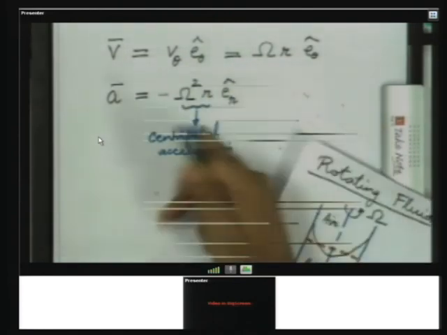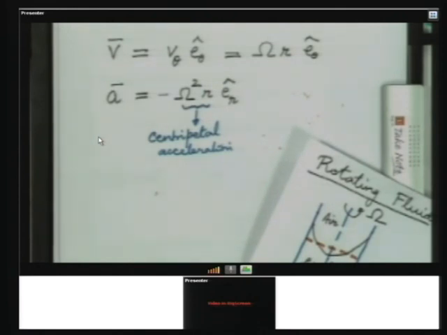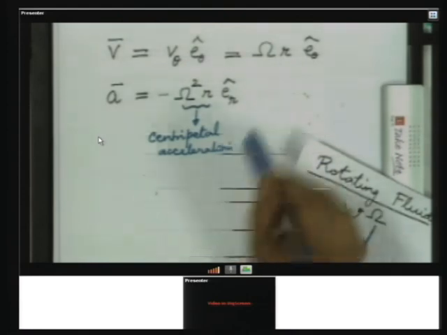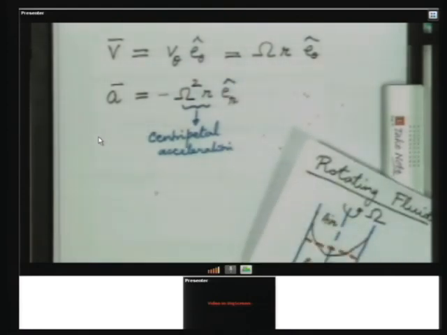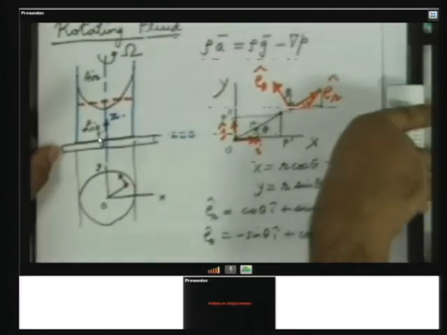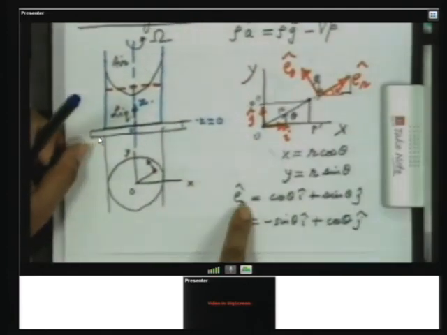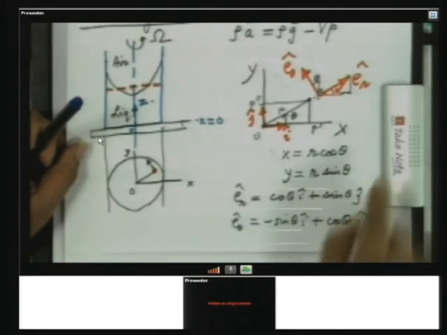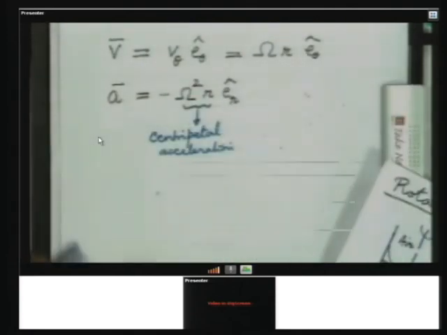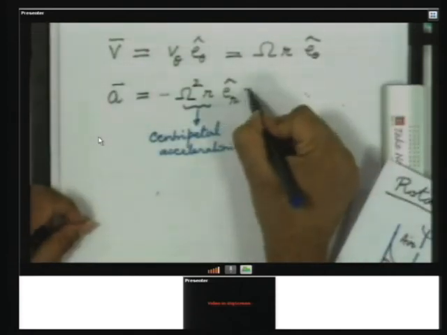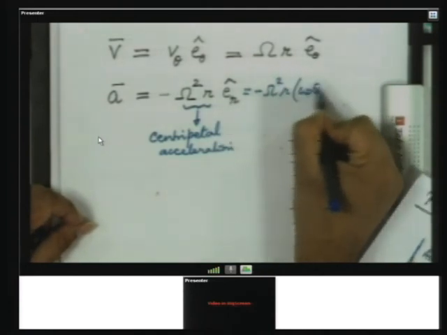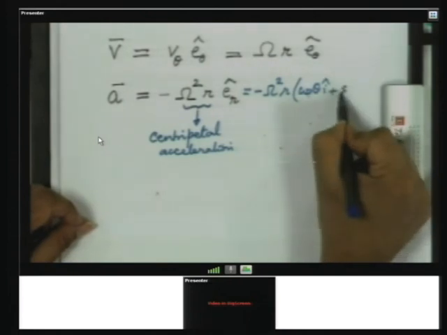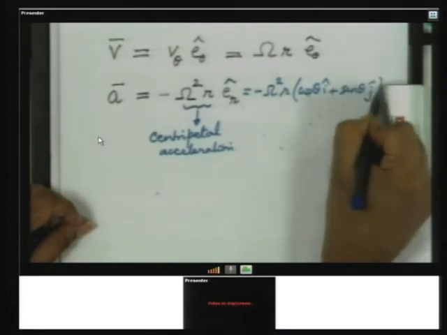Now, you can either start with the expression for grad p in cylindrical coordinates and use this expression, or convert this to Cartesian coordinates. Now, if you go back here, we have already shown how to express e_r in terms of i and j. So, if you use that, then this is minus omega squared r times cos theta i plus sin theta j.